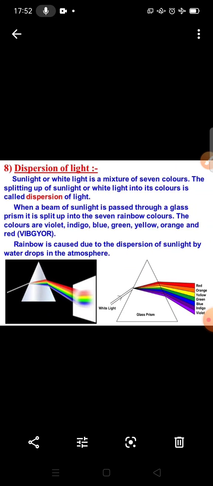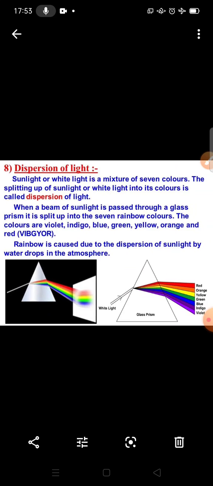So students, what do you mean by the dispersion of light? Have you ever seen a rainbow in the sky? How is a rainbow formed? A rainbow is formed when the white light of the sun falls on tiny droplets of water, and then it is split into seven colors.